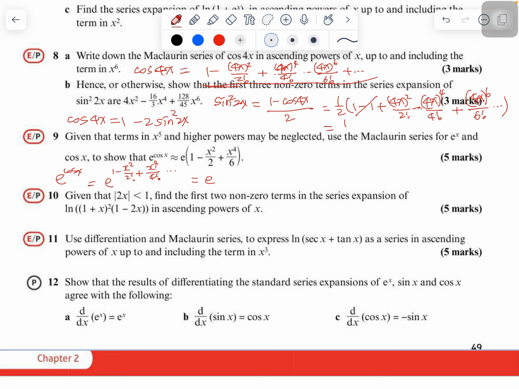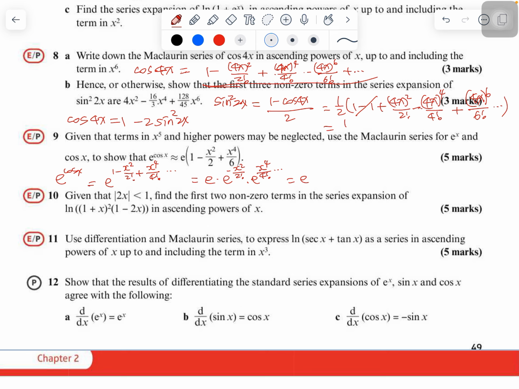So here e to the power, because now we know the exponential rule. So e to the negative x squared over 2 factorial times e to the x to the power of 4 over 4 factorial, blah blah blah.